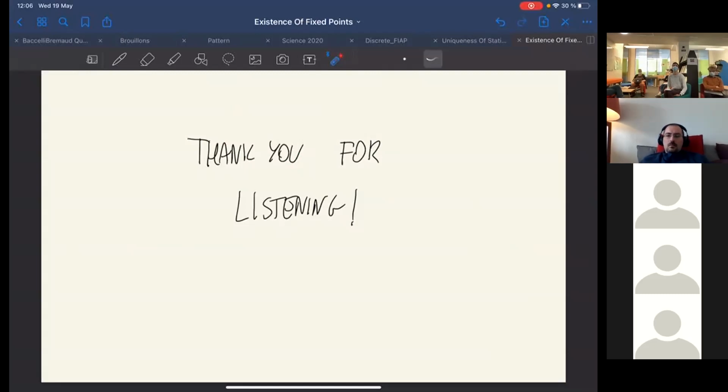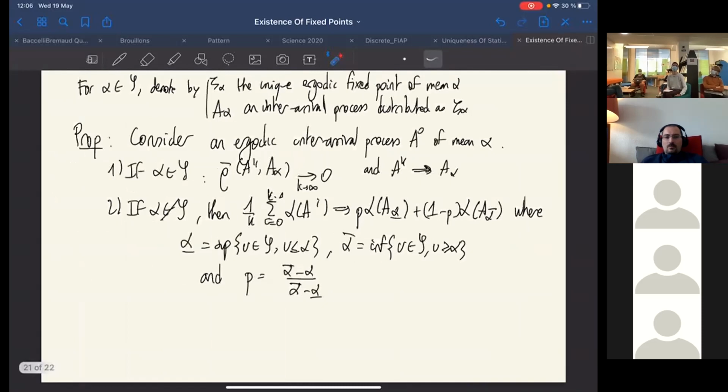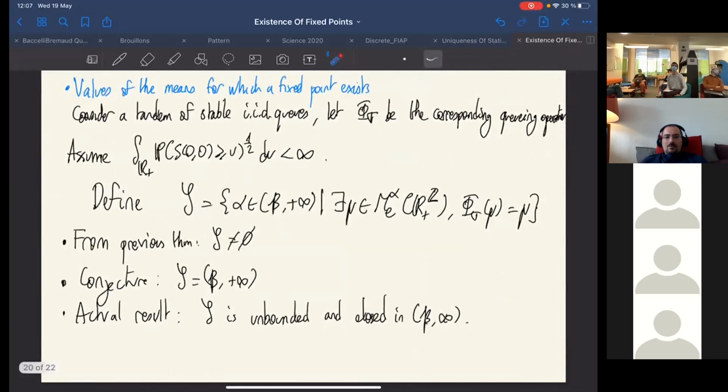Yes. And so I have a question on my side. Here, there is a proof of existence. But do we have some information about the shape of the distribution for this limiting point? Well, we know its mean, but apart from that, I don't think so, actually.